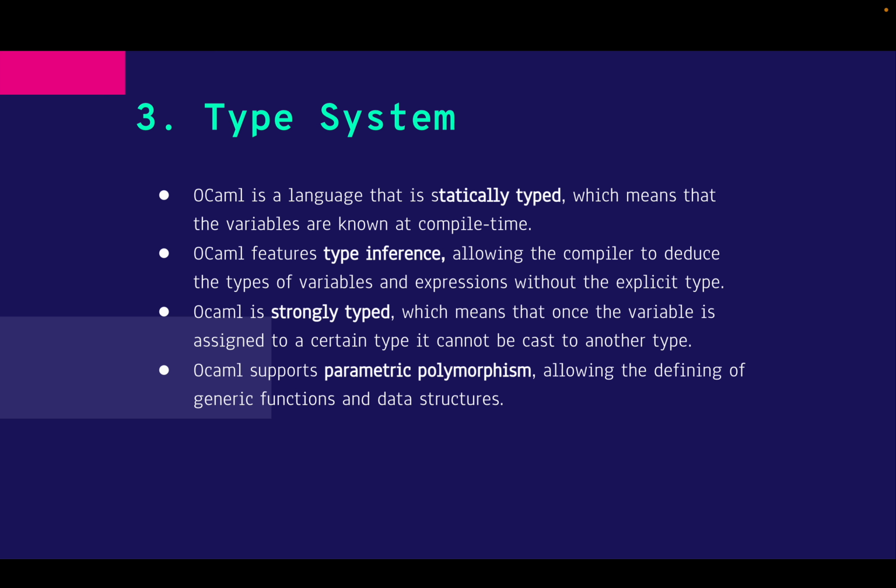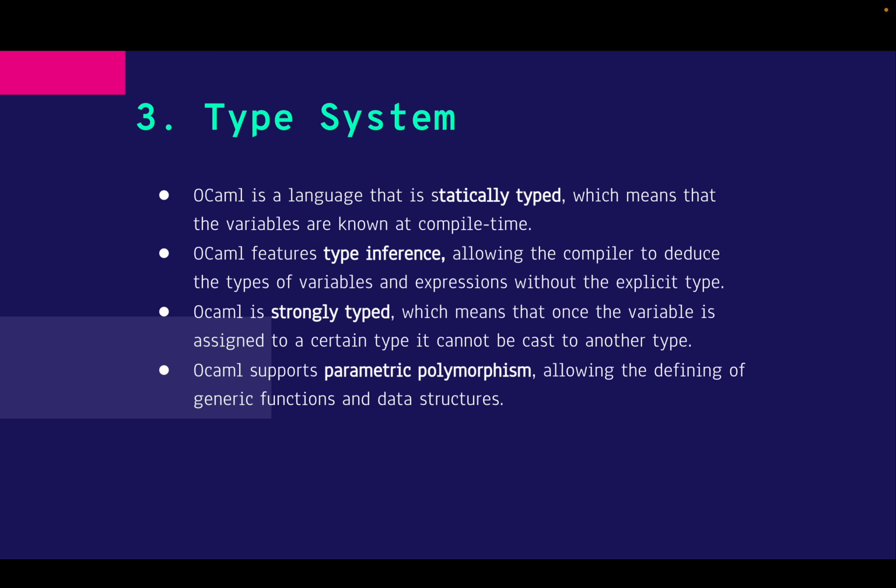Strong typing helps prevent unintended type-related errors. OCaml supports parametric polymorphism, allowing the defining of generic functions and data structures. That means functions and data structures can be written to work with values of any type, providing flexibility without sacrificing type safety.